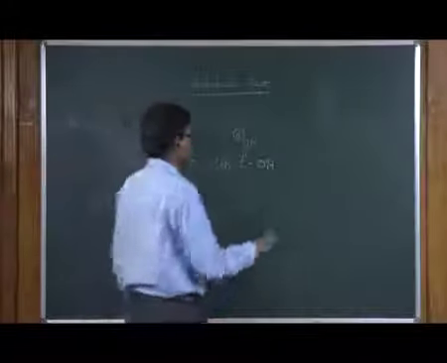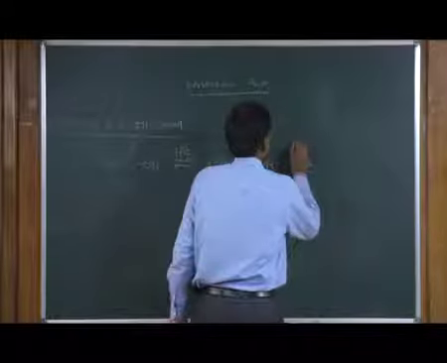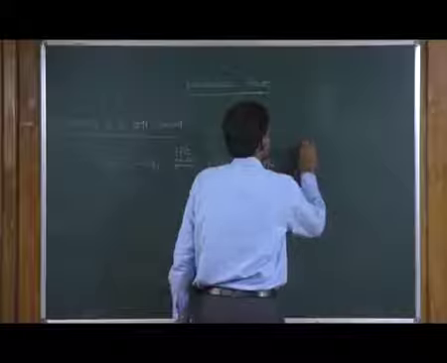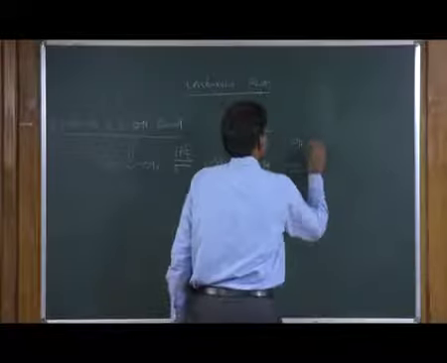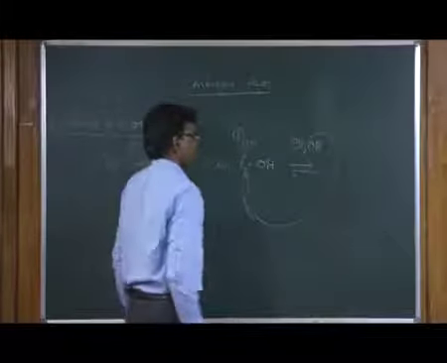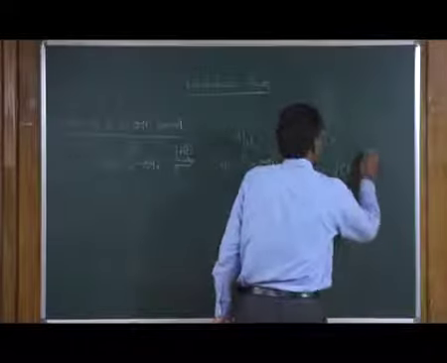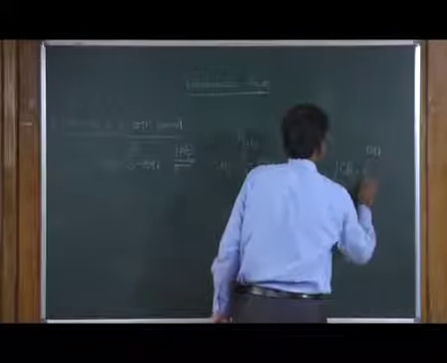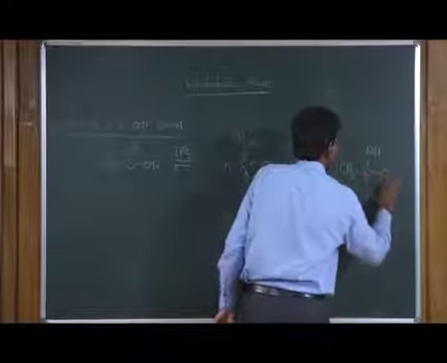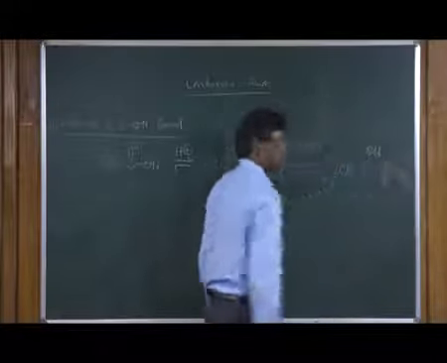Once you have the protonated carboxylic acid, this can undergo an addition reaction with the alcohol to form this tetrahedral intermediate.